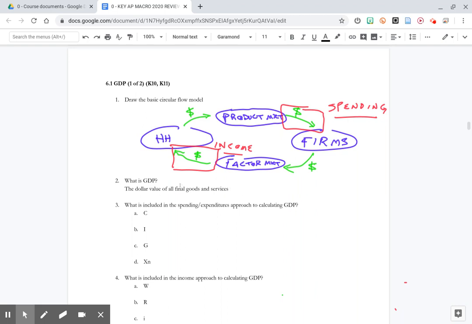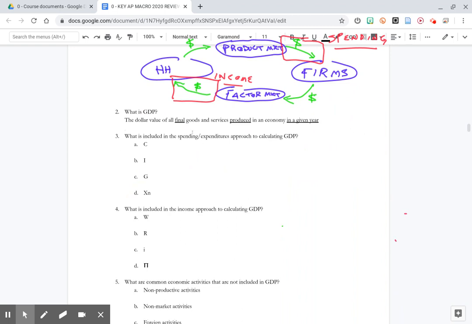And this is a keyword, so I'm going to underline that one. Produced in an economy in a given year. So this is another keyword, produced in a given year. So there's a few things that are not going to be included in GDP as a result of those keywords.